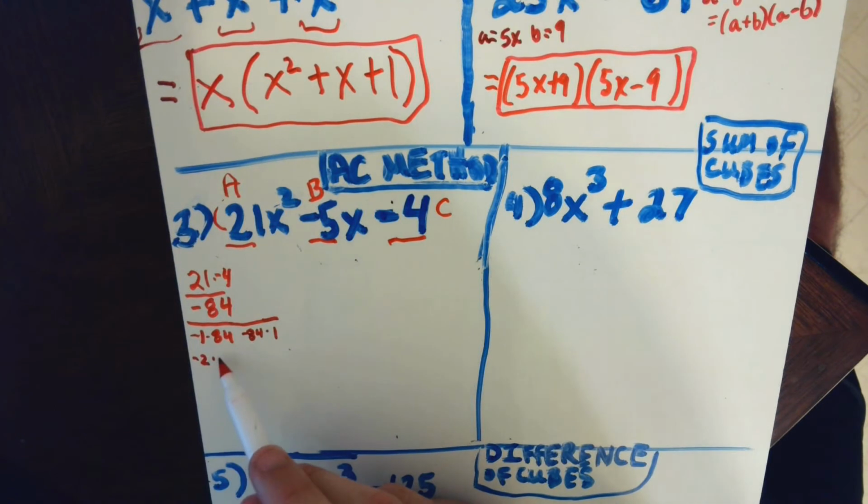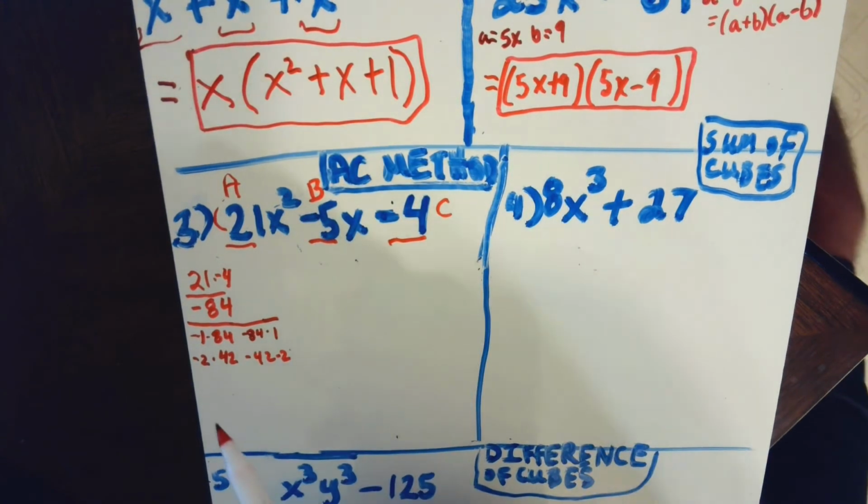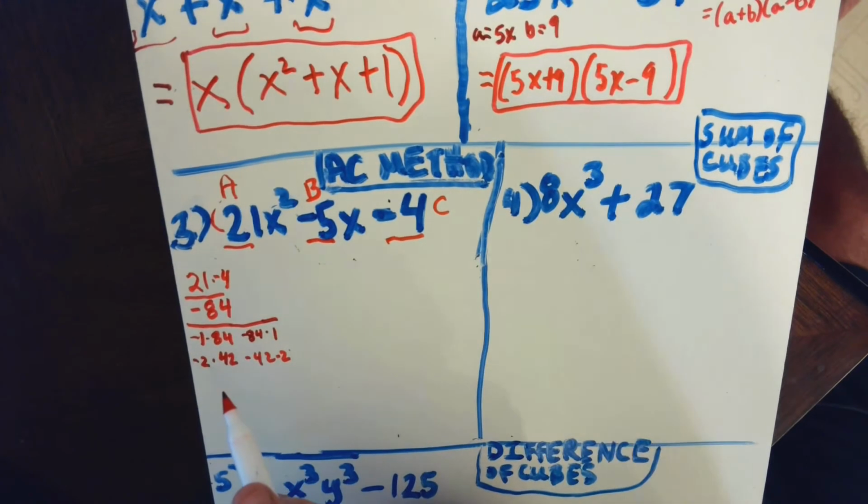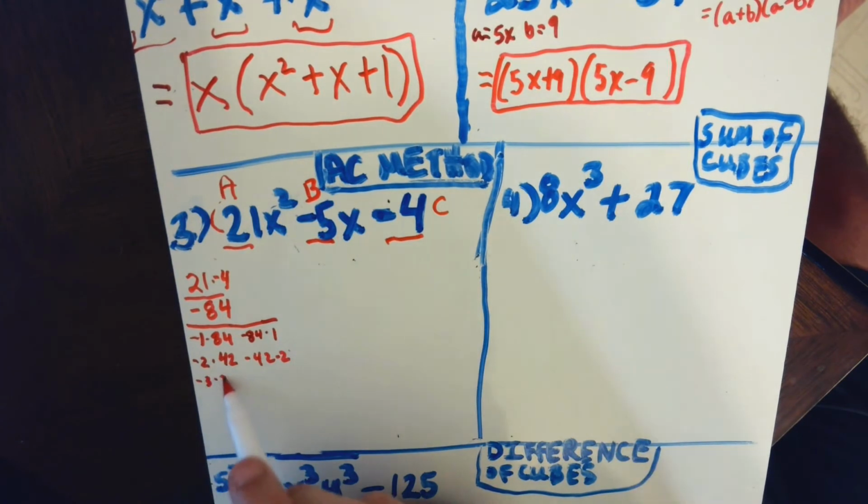Negative 2 times 42, and then negative 42 times 2, but again that's too high. Next, we see if 3 goes into it. Yes, 3 goes into it 28 times. So we have negative 3 times 28, and negative 28 times 3.